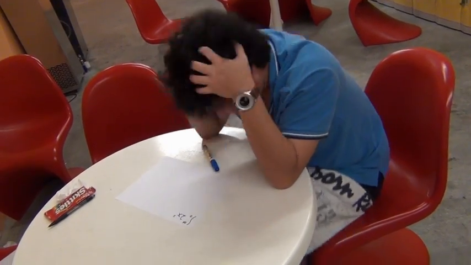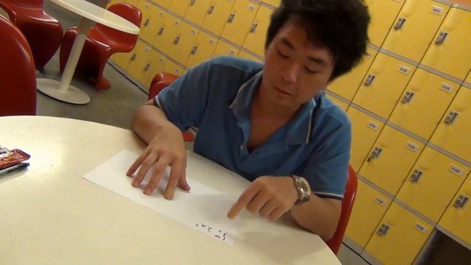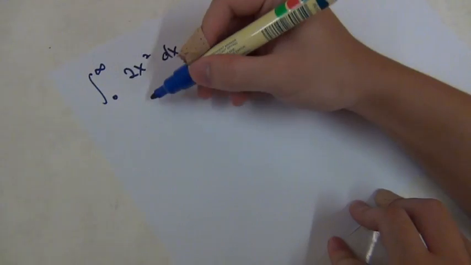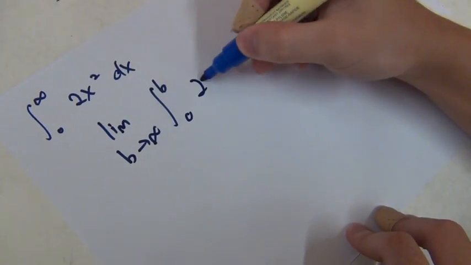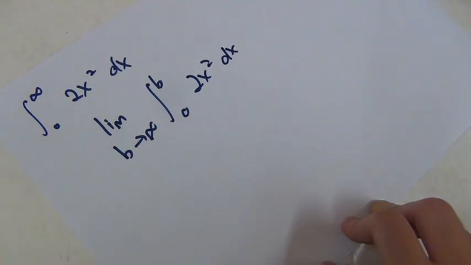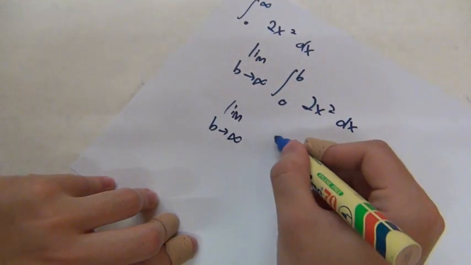Panic time. Look at the question again. Understand the question. Take the marker. Write limit b to infinity. Replace infinity with b and then write back your function. Copy back the limit and then integrate your function.